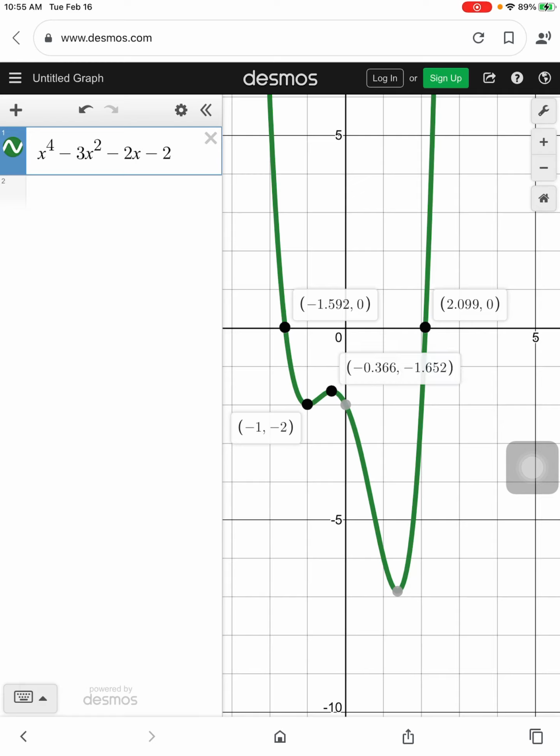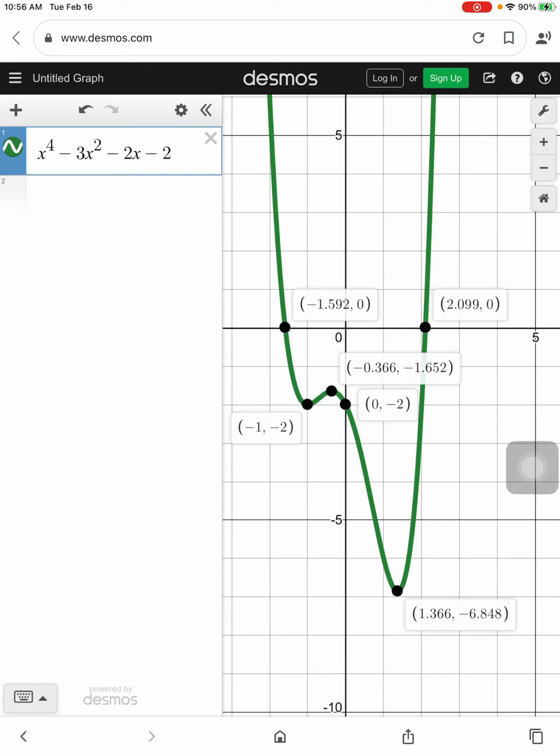Our local max, tiny little hill there, is at -0.4, -1.7. There's another minimum at 1.4, -6.8. And what else? What other point do I have? A y-intercept.